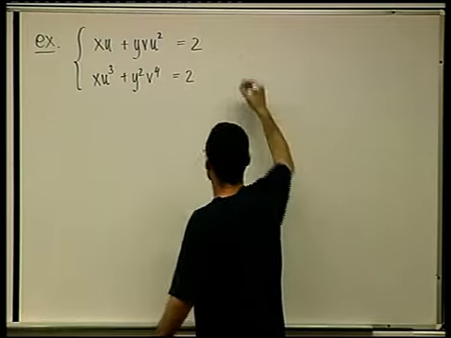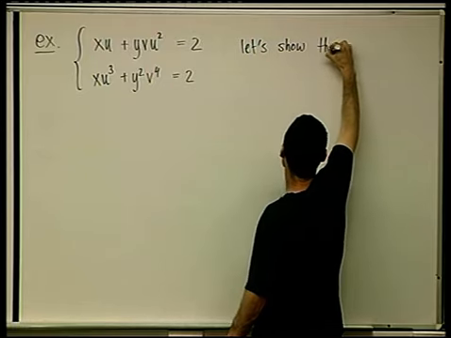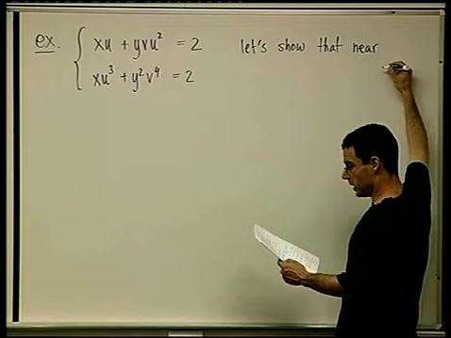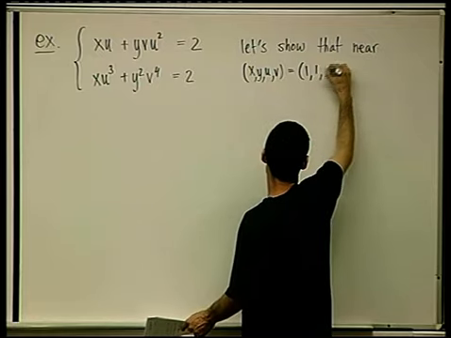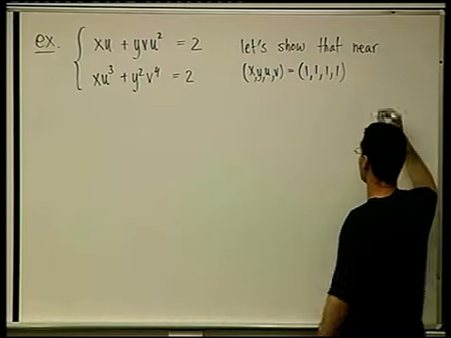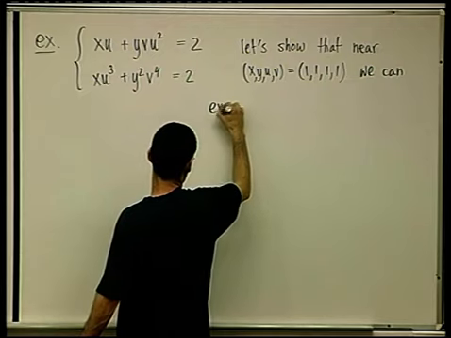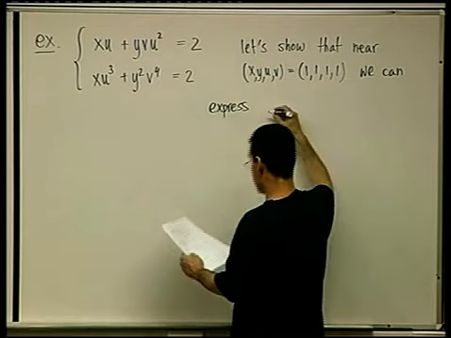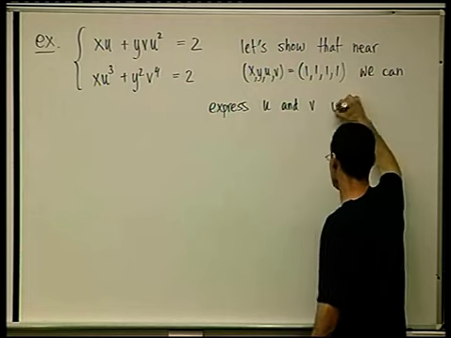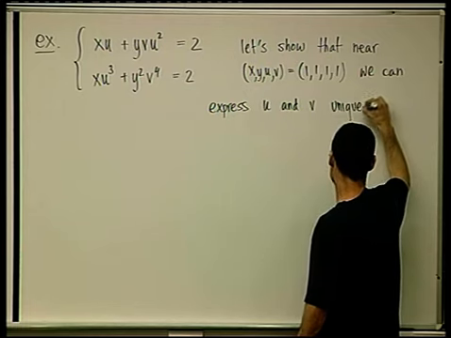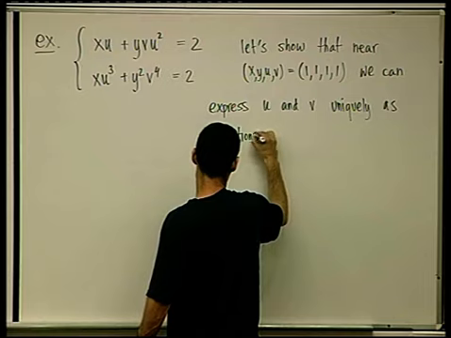So let's show that near the point x, y, u, v equals 1, 1, 1, 1, we can express u and v uniquely as functions of x and y.